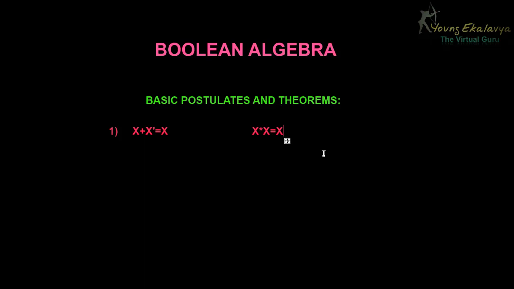If you want the proof, we can prove it using a truth table. We will see how. First, what are the variables we have? We have x and x complement and the output y.